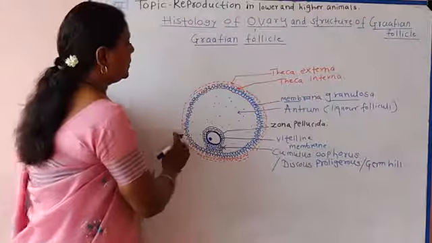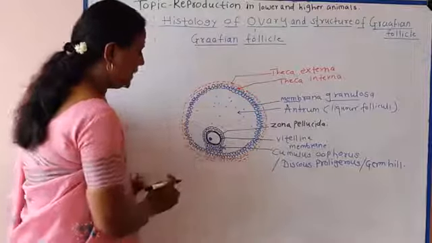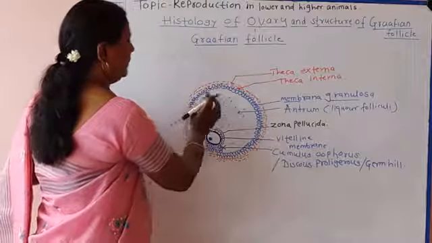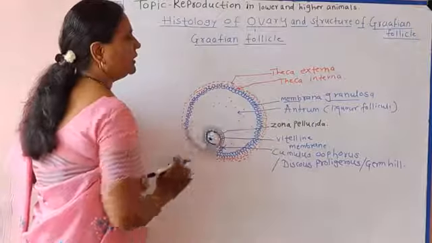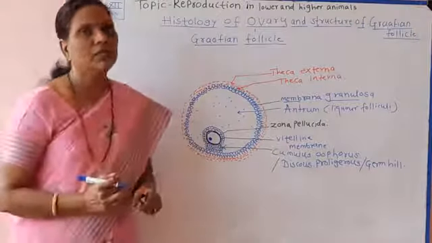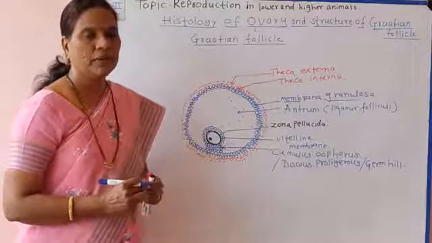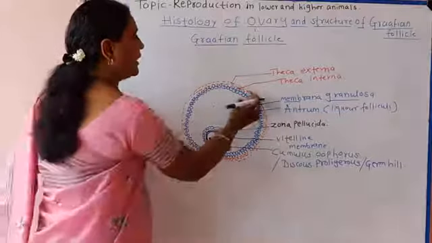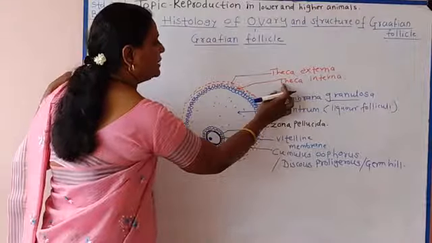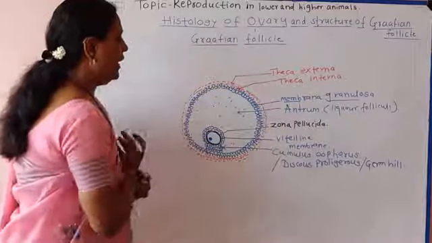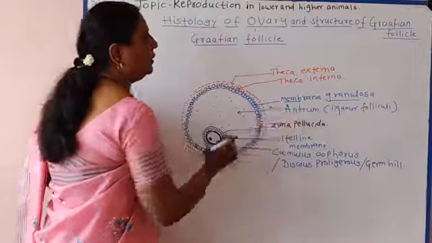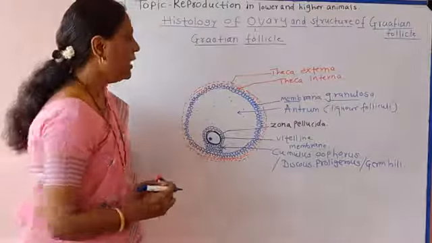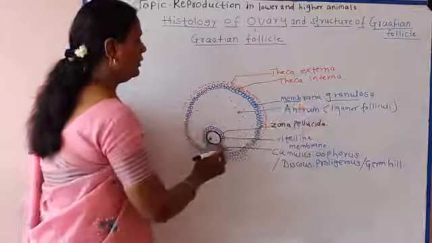So this is the structure of the Graafian follicle. Again, the Graafian follicle is surrounded by an outer layer, the theca externa, a non-cellular fibrous layer. Then inside this there is a cellular layer called the theca interna, and inside the theca interna there are the follicular cells called the membrana granulosa.